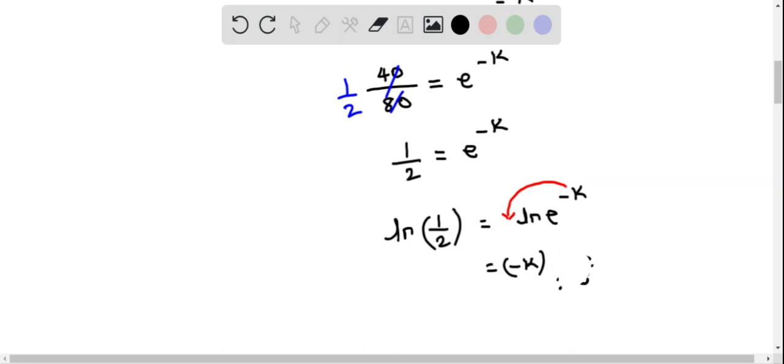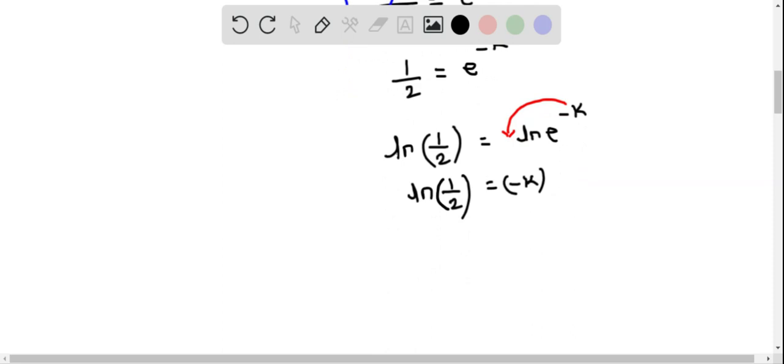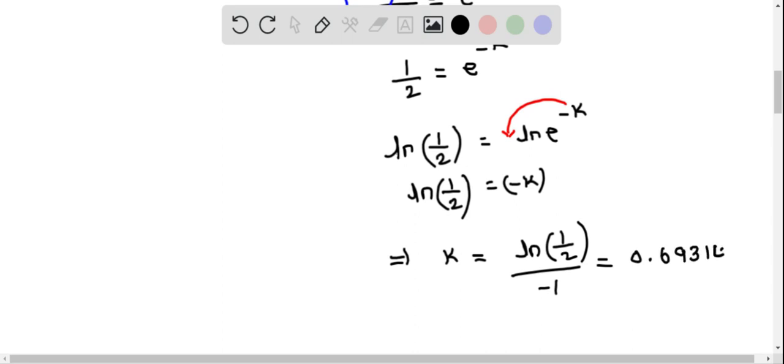So the right side basically becomes negative k, and on the left side, we have natural logarithm of half. So we now divide by negative 1 to determine the value of k. This implies k equals natural logarithm of half divided by minus 1. And when we plug this into the calculator, we get the value of k equal to 0.69314, which I have rounded to 5 decimal places.